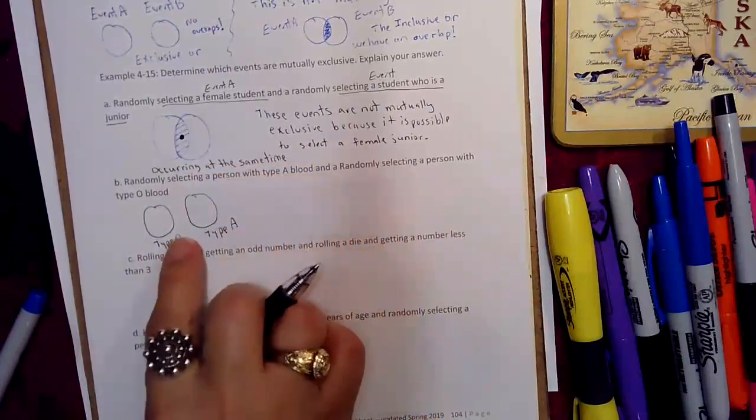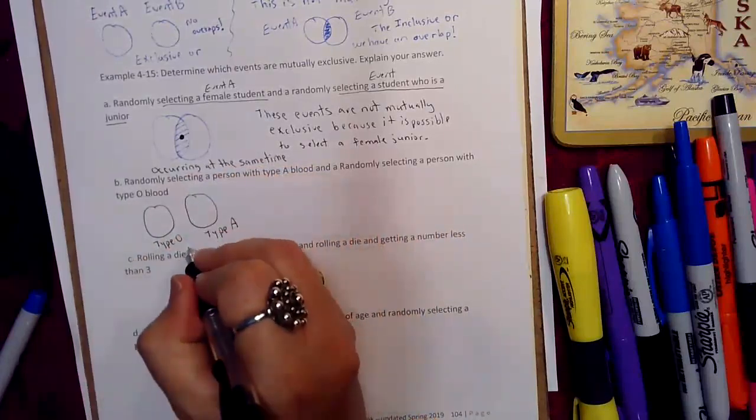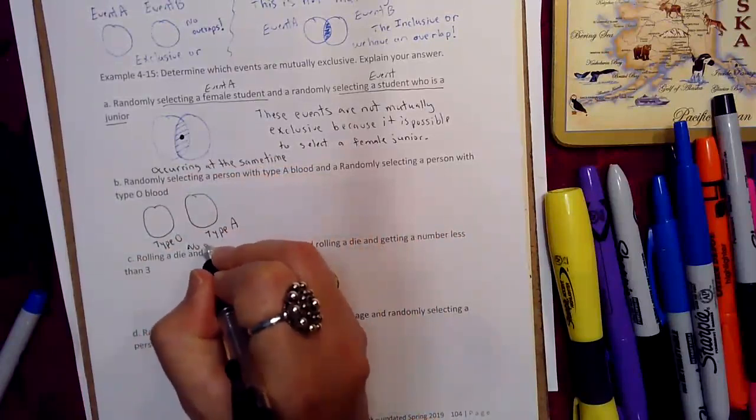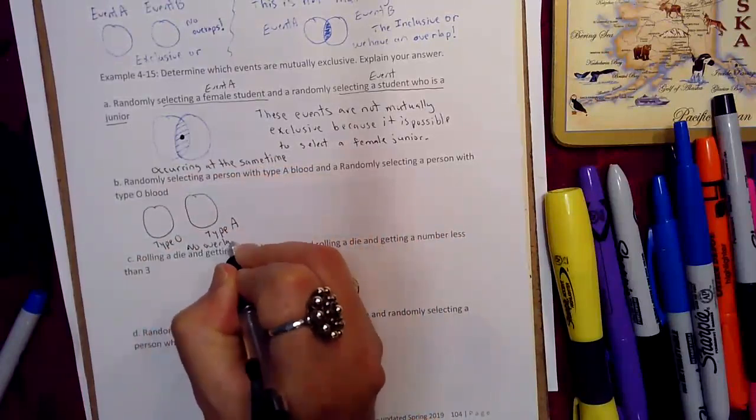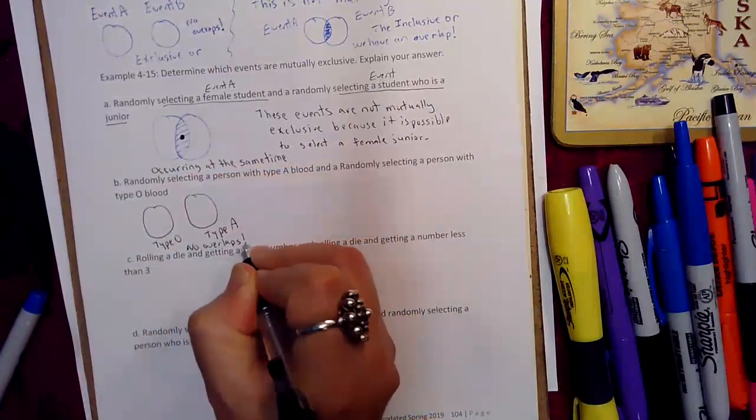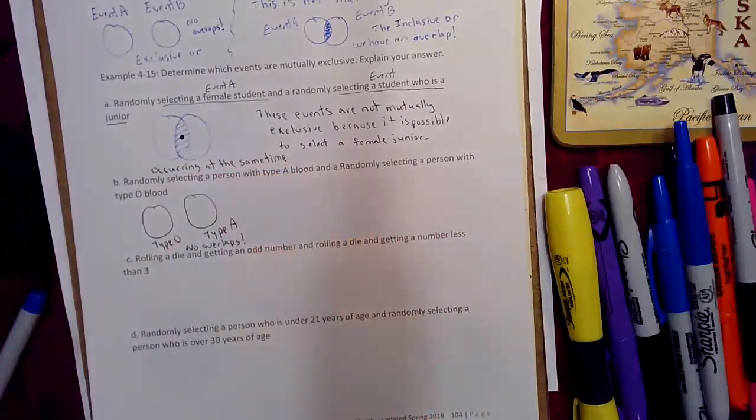And notice here how we wouldn't have an overlap. There's no overlaps, right? If somebody has these different blood types, you don't want to accidentally give them the wrong blood type, right? You have to make sure what the person's blood type is. If you're going to give them some kind of blood transfusion, you have to match their blood types, okay?